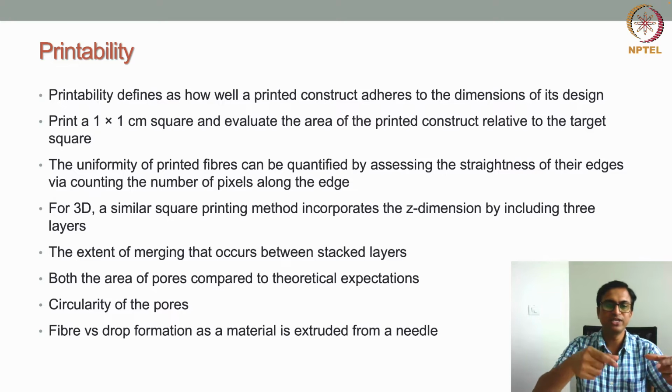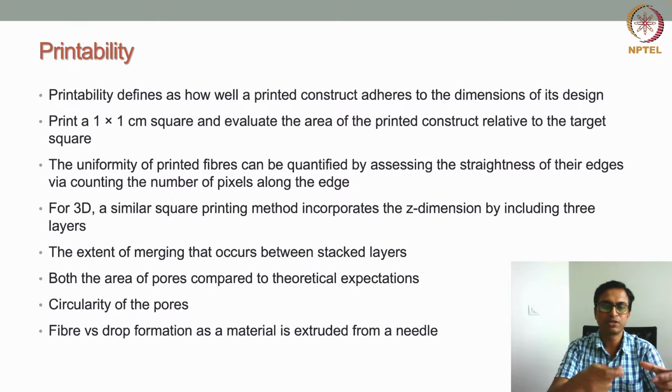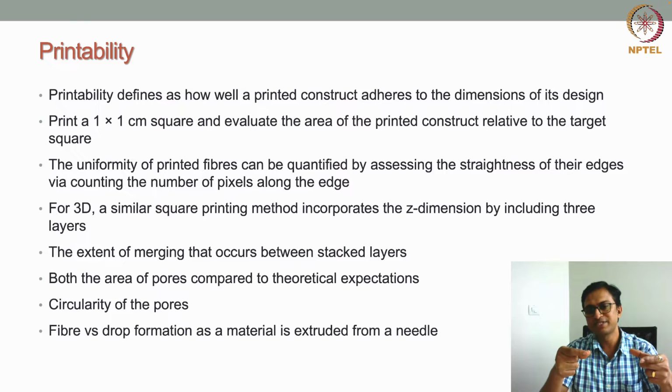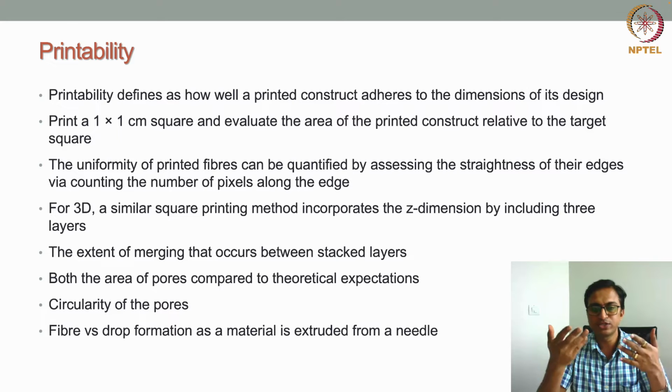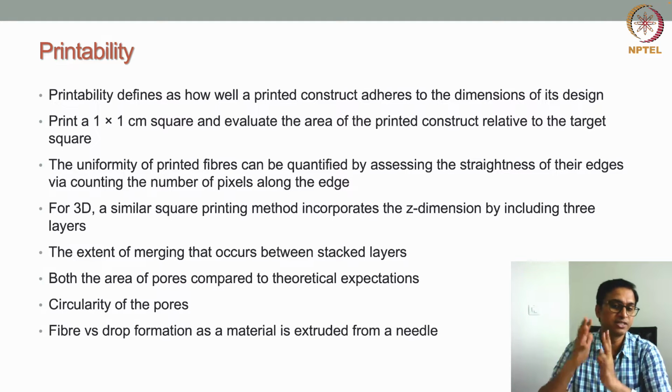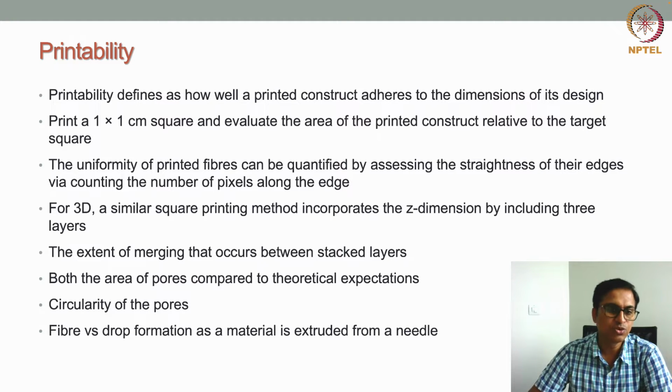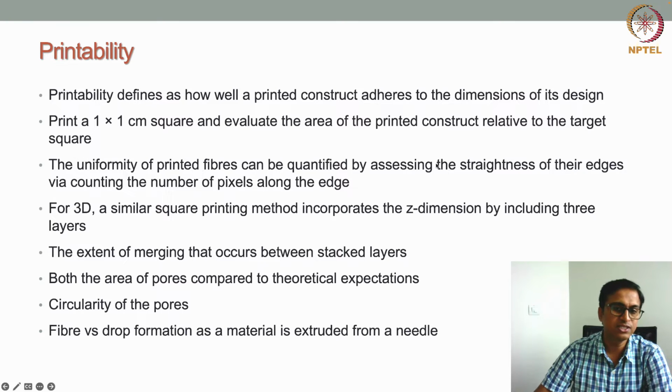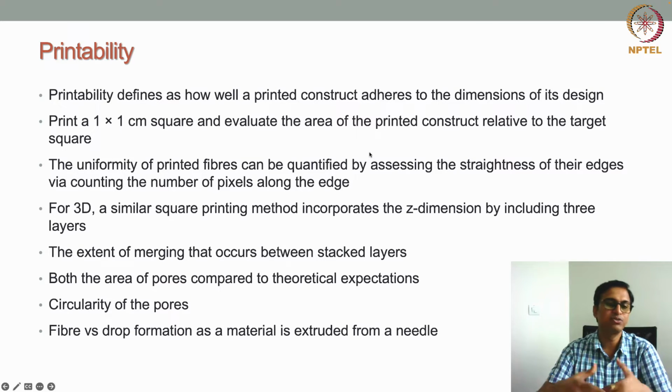Otherwise, if the fiber is wavy, or the width is less or more in some part, the bioink is not printable with that kind of extrusion-based bioprinter under the optimized process parameters. This is how printability can be evaluated for a two-dimensional object printed with the bioprinter.